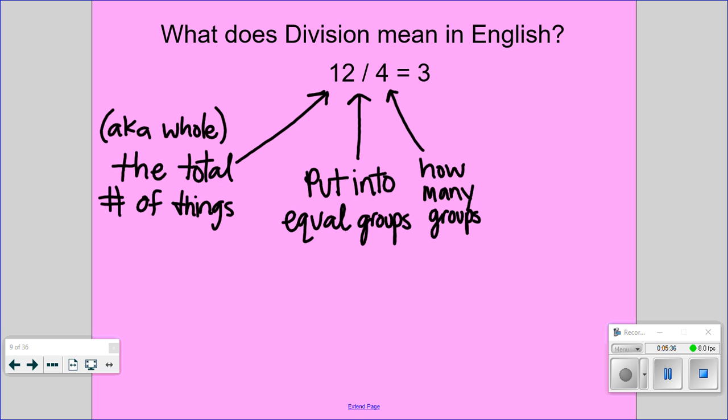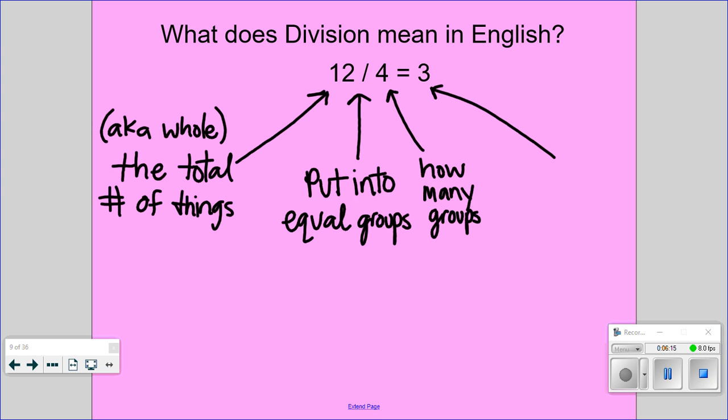And this is where division gets a little tricky. When we think about the answer to a division problem, it can be a couple of things. Normally, in multiplication, our product is talking about the total. All the things, right? 3 groups of bananas, my answer is the total of bananas. 14 groups of sticky notes, the answer is the total amount of sticky notes.